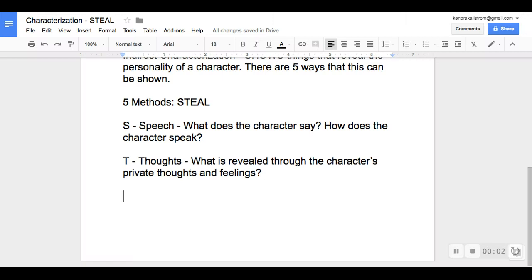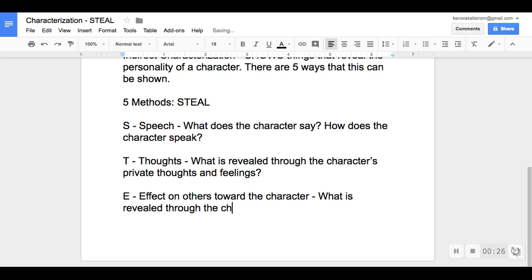So, continuing on with the E in our acronym, the E stands for effect on others toward the character. This one is a little bit longer, but what is revealed through the character's effect on other people?